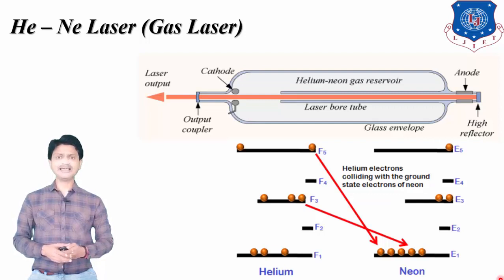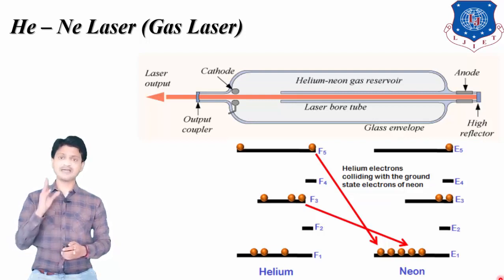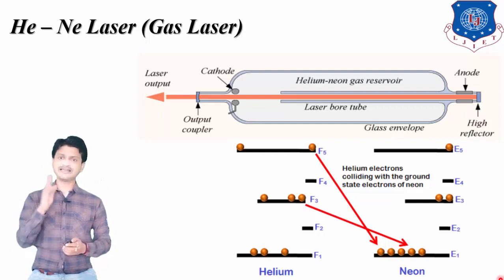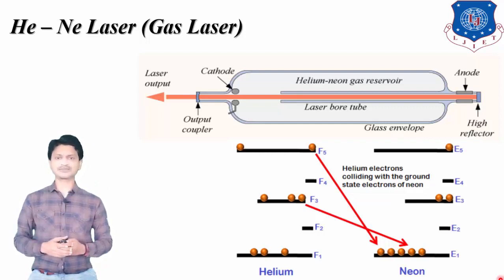Now, unlike a solid, a gas can move between the electrodes. Hence, when the excited electrons of helium atoms collide with the lower energy state electrons of neon atoms, they transfer their energy to the neon atoms.